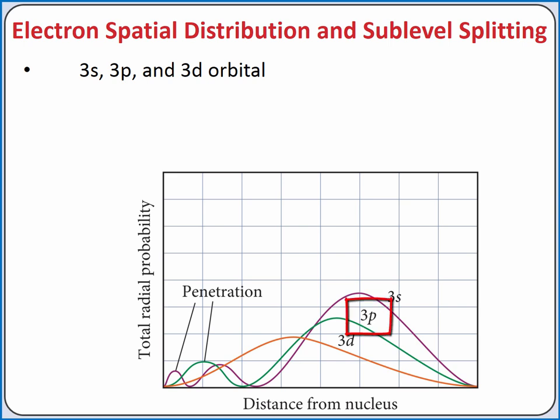The 3p subshell has just 1 node, which allows it to also have some probability overlapping with the previous shell. So its energy is the next lowest because of the penetration effect. Whereas the 3d subshell does not have the same overlap, so it has the highest energy.